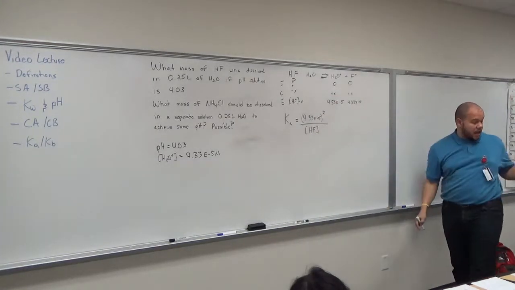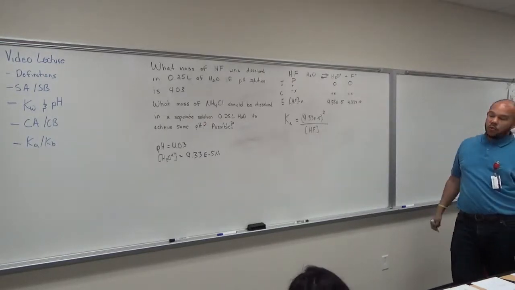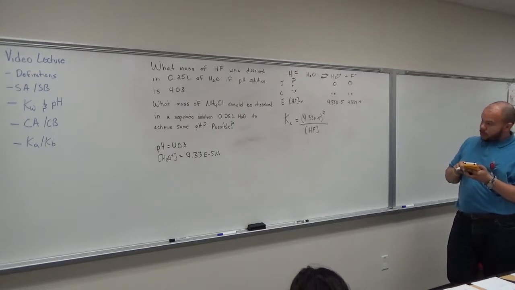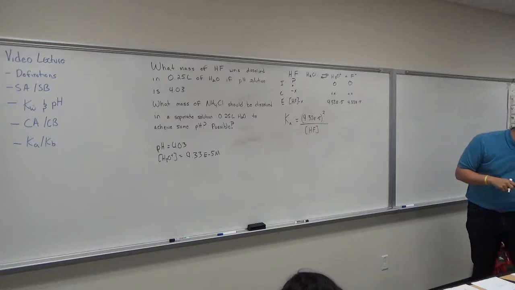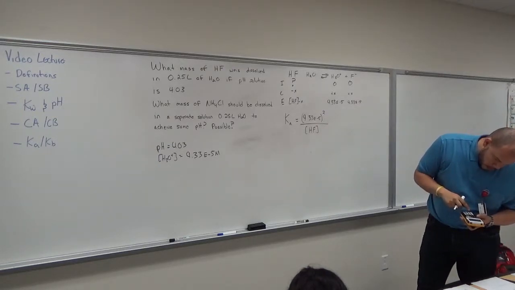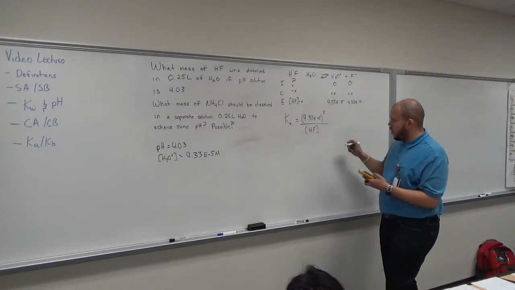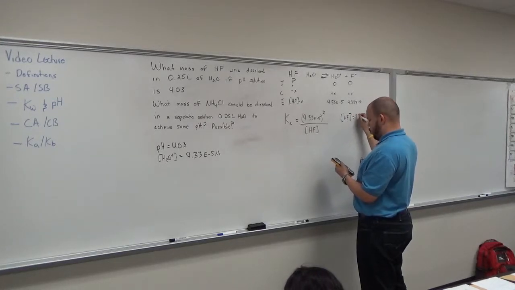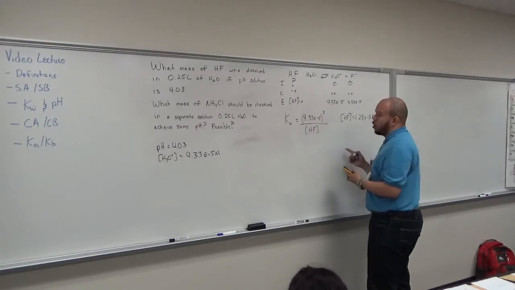You have Ka in the reference materials, you have the concentration 9.33 e to the negative 5, so you can solve for HF. You can divide that by Ka, which is 6.8 e to the negative 4, and we end up with a concentration of HF equal to 1.28 e to the negative 5 molar.